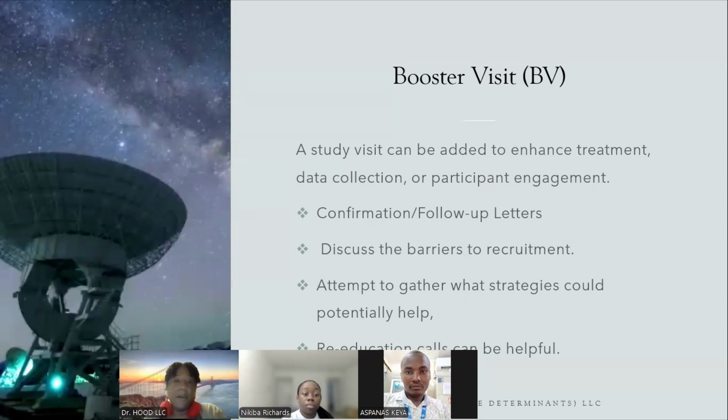If you are shipping out on a Friday, you need to make sure you put that Saturday sticker on there so they do next day shipping, versus doing ground and then they don't get it until that Monday. So you want to re-educate who needs the re-education. Booster visits can be done for different reasons, but typically it's for enrollment and re-education.